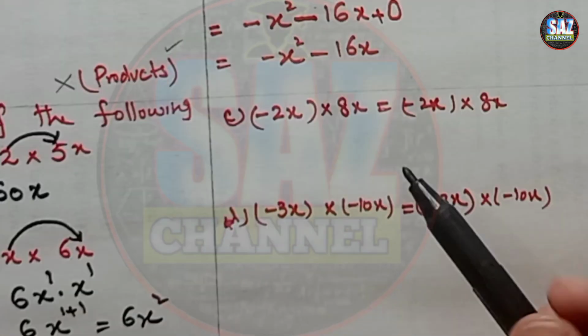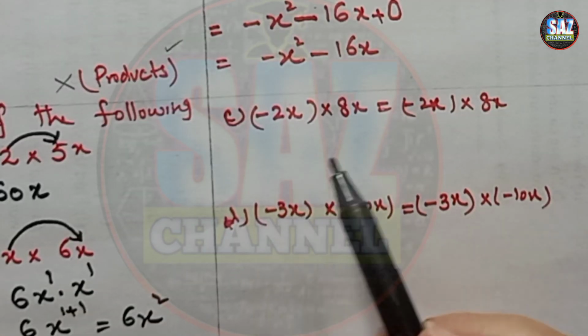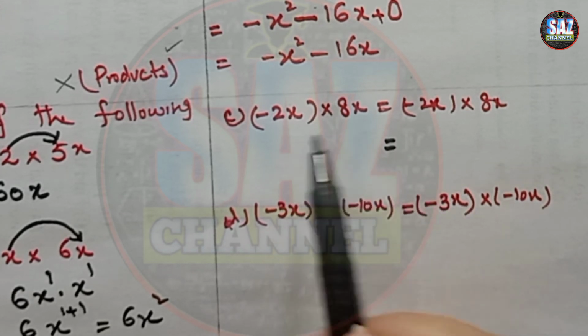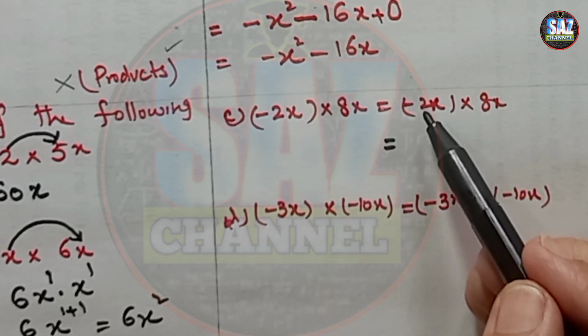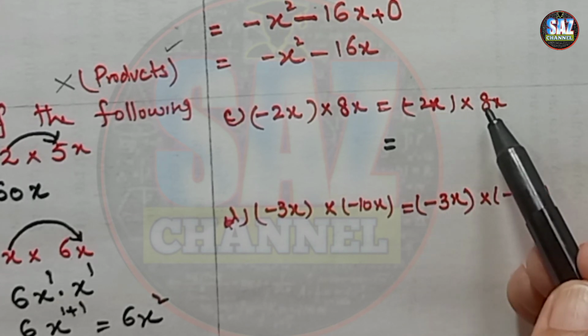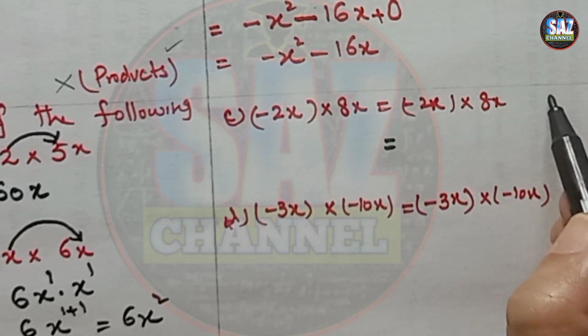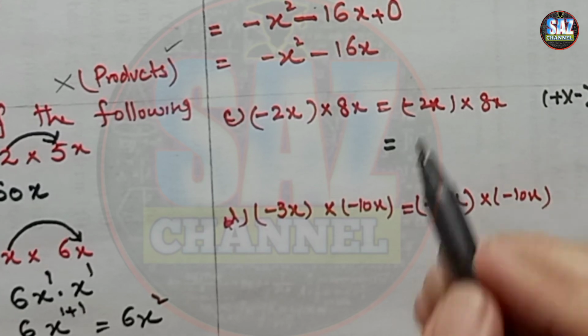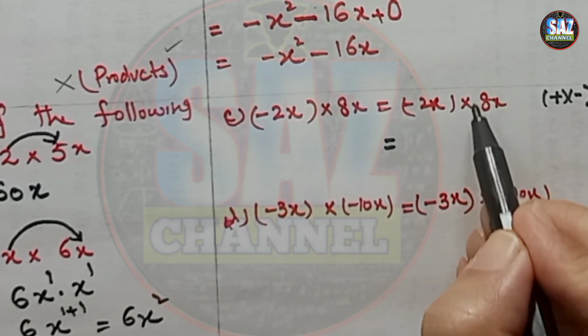And let's move to part C, that is minus 2x multiplied by 8x. In this question, both parts have constant coefficients and variables, and the rules of integers apply. We also keep in mind that here 8 has the positive sign.